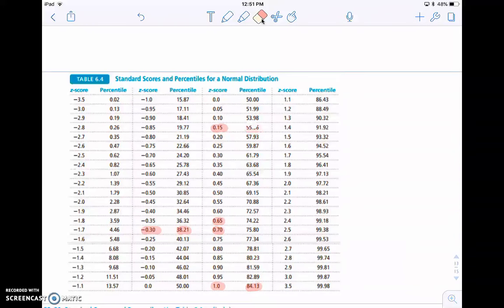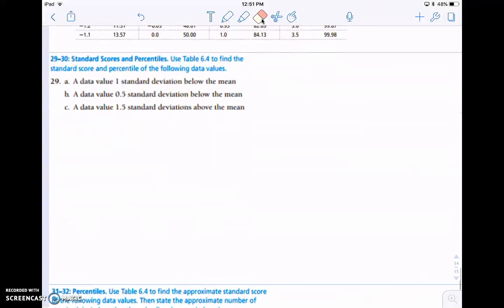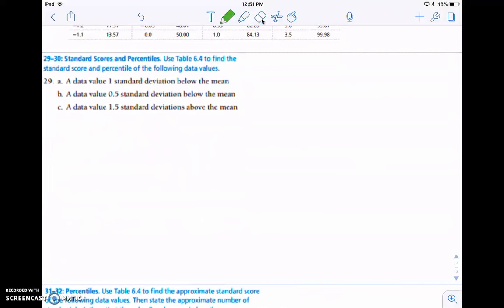So now let's take a look at a few examples and how we would use this. We're going to be using that table to find the standard score and percentile of the following data values. If you have a data value that is one standard deviation below the mean, what is the standard score?